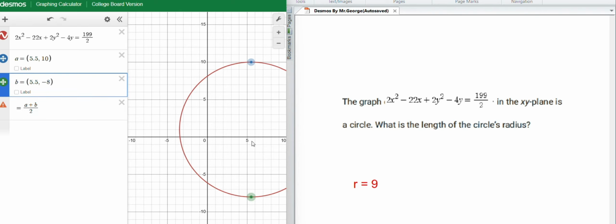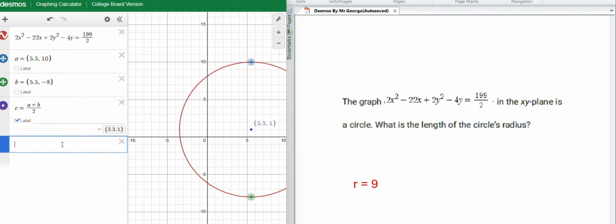To find the center, because sometimes it asks for the center, we just say the center is equal to A plus B, those 2 points added together, divided by 2, and that gives us the center, as you see over here, which is C. Now to find the radius, it is the distance between point A and C, or point C and B, either way.